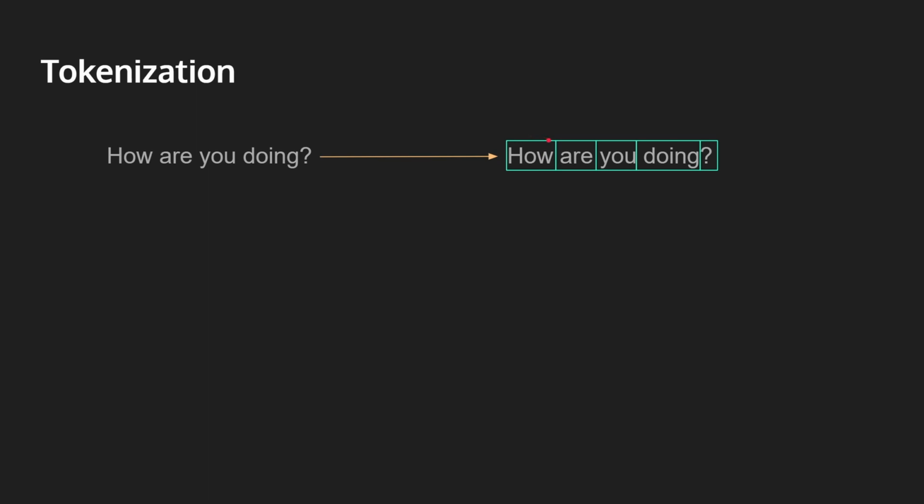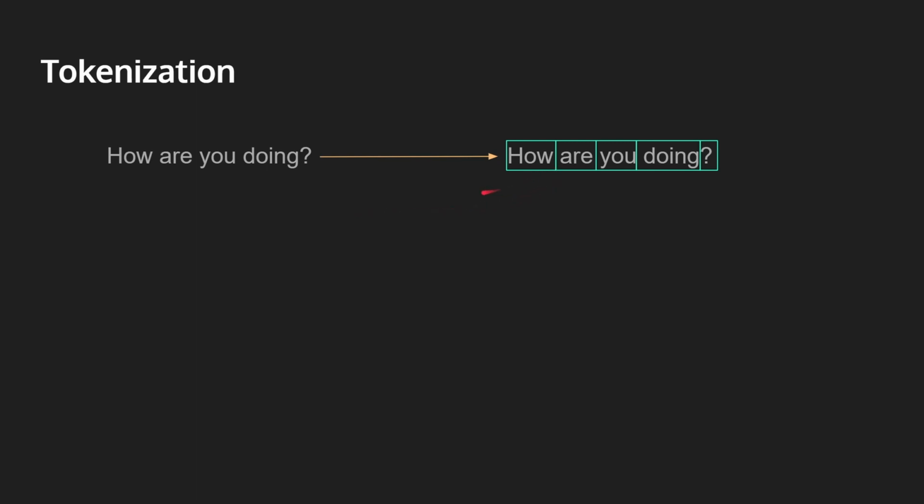I have the word how, I have the word are, I have the symbol question mark, right? These are also broken up. These are individually called tokens, but we don't have to get into the nitty gritty details. But yeah, tokenization, very simple. We're simply breaking a piece of text into words.